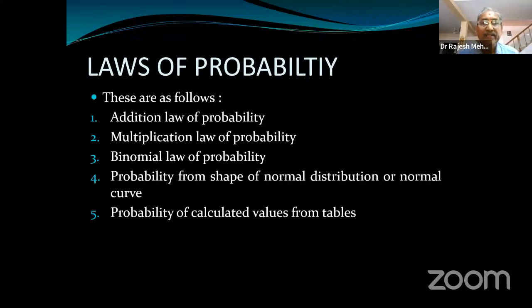Any probability cannot be more than 1. It will be 1/2, 1/4, 1/3, something like that. That's why when you multiply two probabilities, it will reduce. And when you add two probabilities, it will increase. Generally, if I do 5 plus 5, it will be 10.